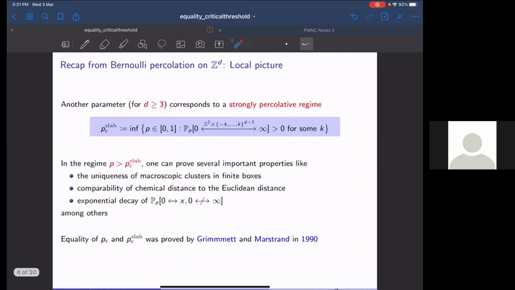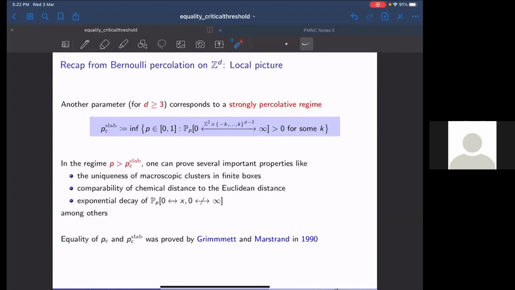Now let's go to the supercritical analog of that. This is what I call here the strongly percolative regime. And here, it turns out the correct threshold to look at is the so-called slab percolation threshold. What do I mean by that? A slab is essentially this, as you can see here.